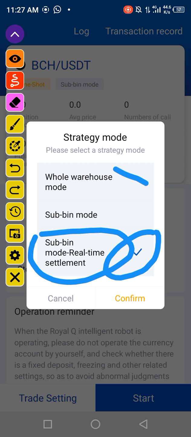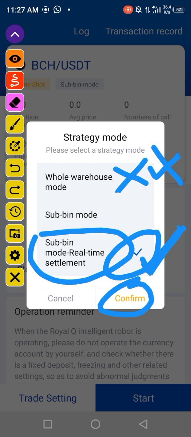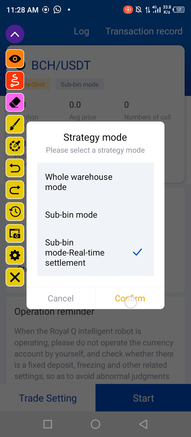Don't use this one, it will delay the sales. Use this one, it will make the sales faster, because it will sell at every position. But if you use this one, it will wait to sell all the positions at the same time, which may take ages. But use this one, it's very okay. And then you confirm.